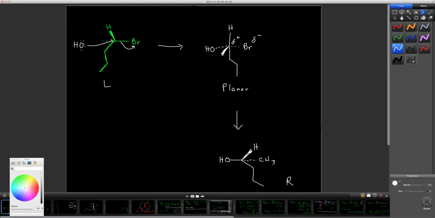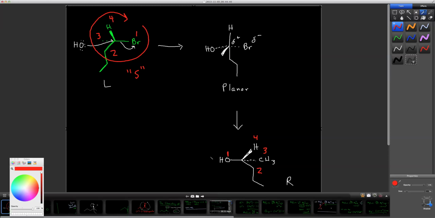Let's look at stereochemistry for a moment. In the reactant, priority 1, priority 2, priority 3, priority 4. Notice the hydrogen is not oriented away from us. So we're going to go from 1 to 2 to 3, which is R. Flip it, that is S. Now in the product, priority 1, priority 2, priority 3.